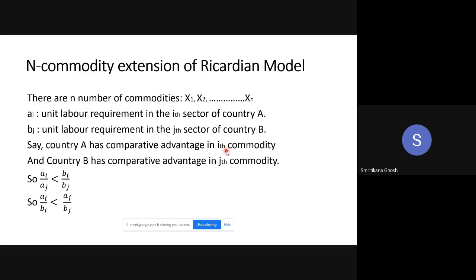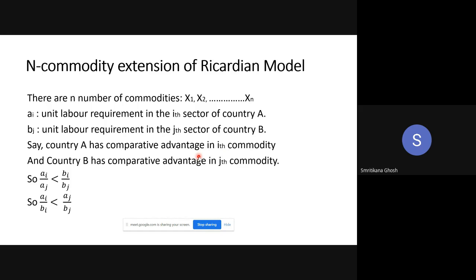I'm repeating, country A needs relatively lesser labor to produce the ith commodity as compared to country B.